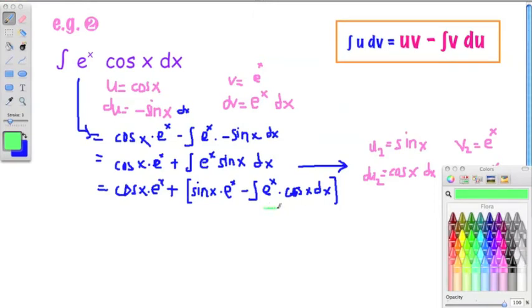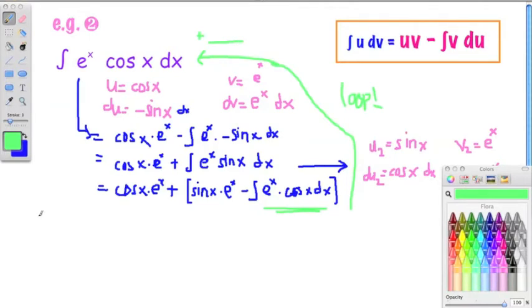And then if you realize, this part is equal to the question, which is the integration of e^x cos x dx. It is the same. Therefore, it is a loop, and we must bring this part into the left side of the equation.